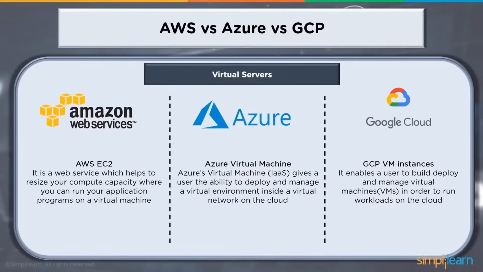You also have sole tenant nodes, which are physical compute engine servers dedicated exclusively for a user's use case. And when we talk about sole tenant nodes, these are usually good when you are working with applications which we call bring your own license applications.